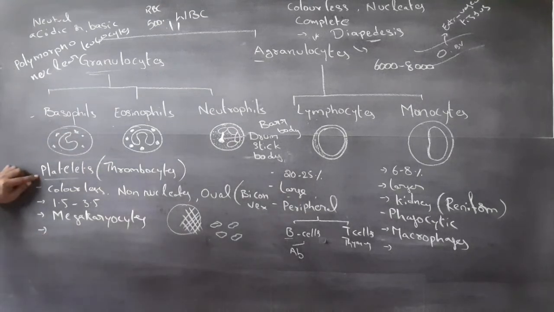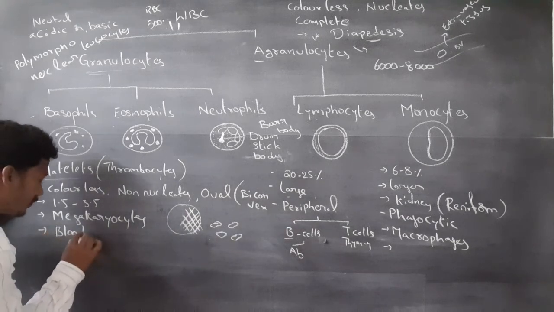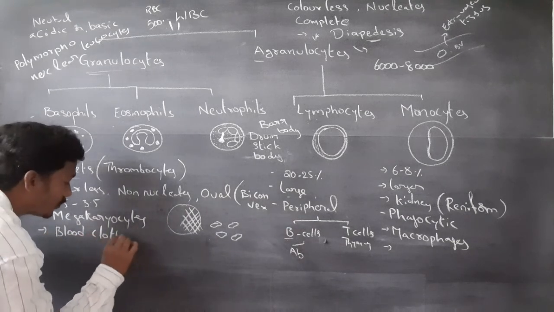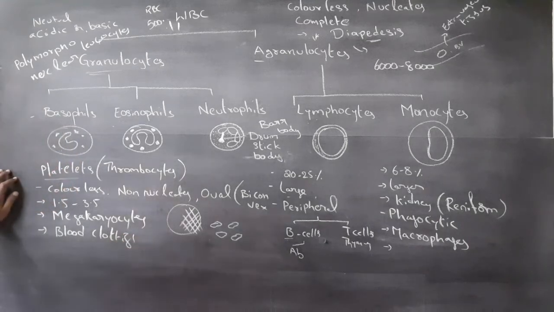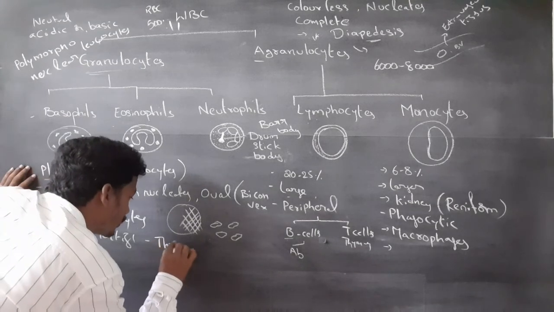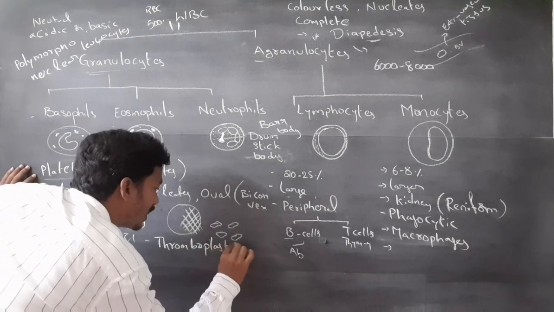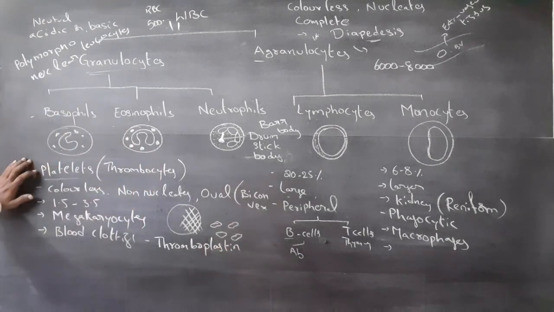These platelets produce some substances. Most of these substances are involved in the blood clotting mechanism. For example, thromboplastin is released from the platelets.